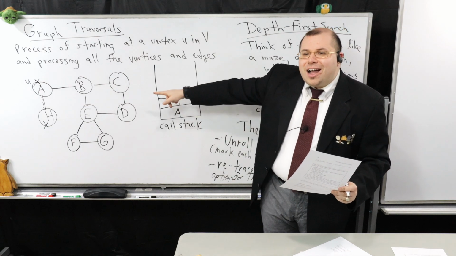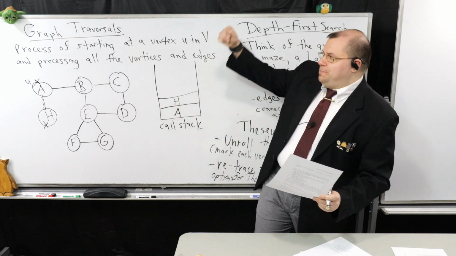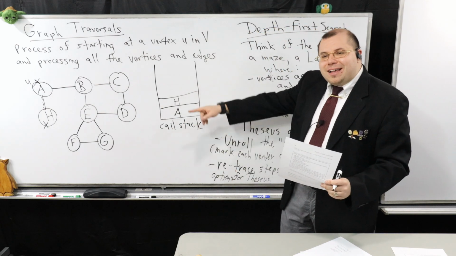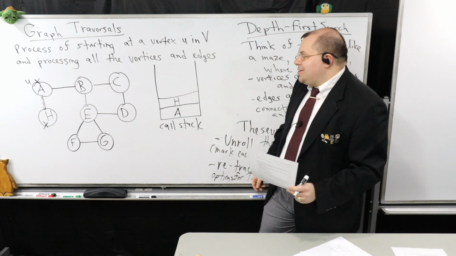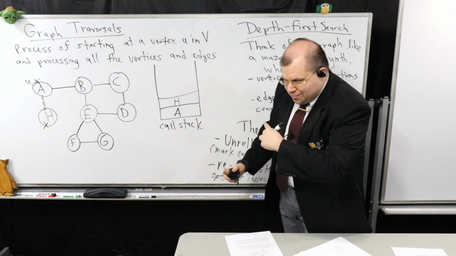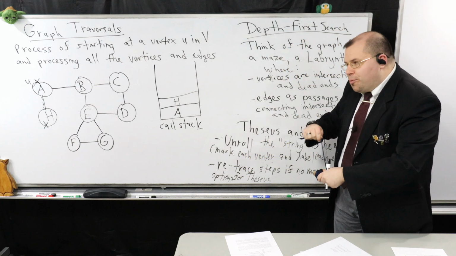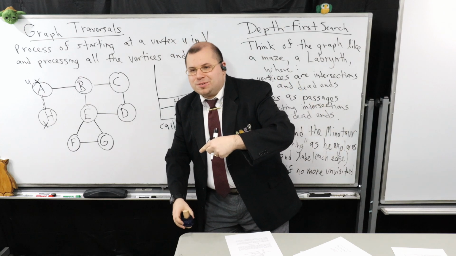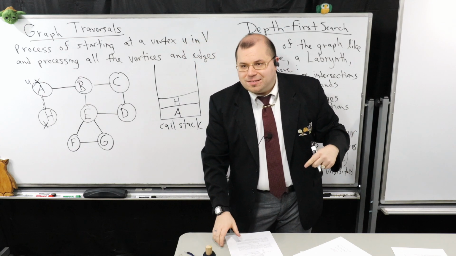Clearly I've been there. I went there with a big piece of chalk and marked the wall. So I've run out of options here, but what do I do in my adventure? I wind back up the string and retrace my steps when I run out of options.